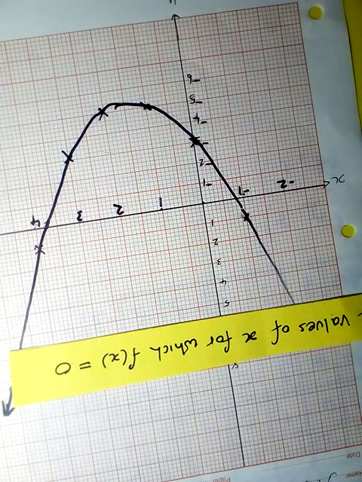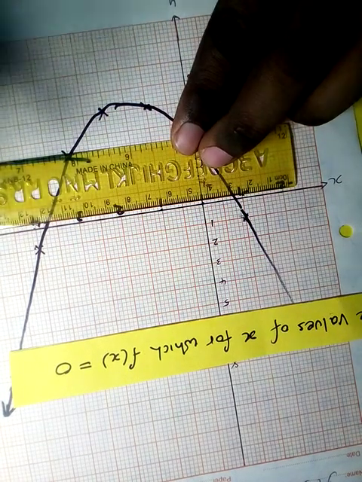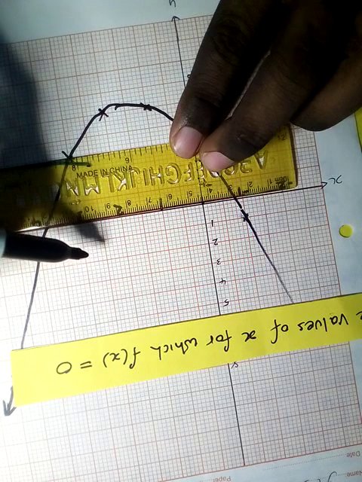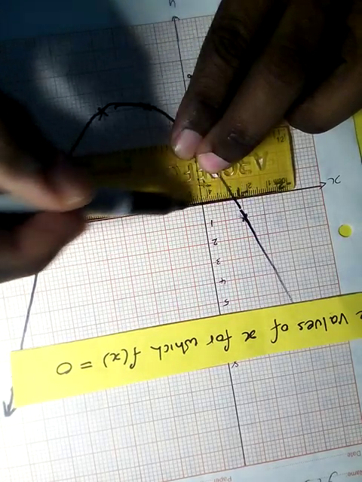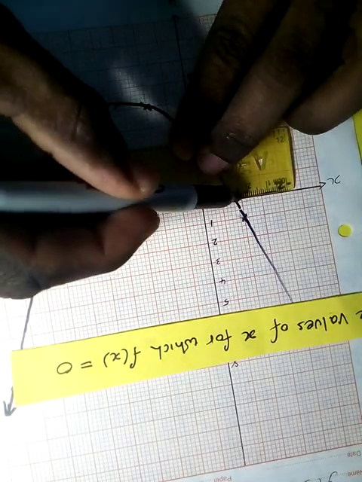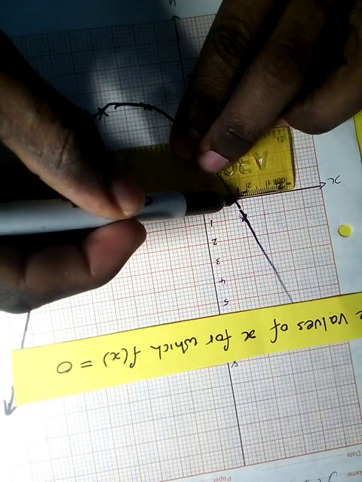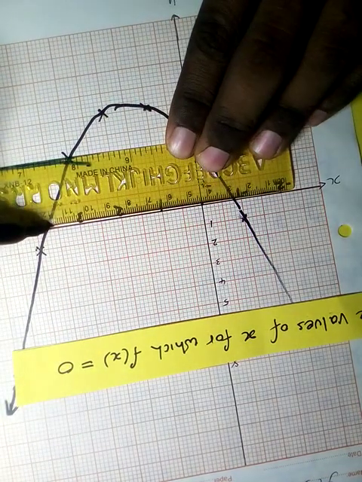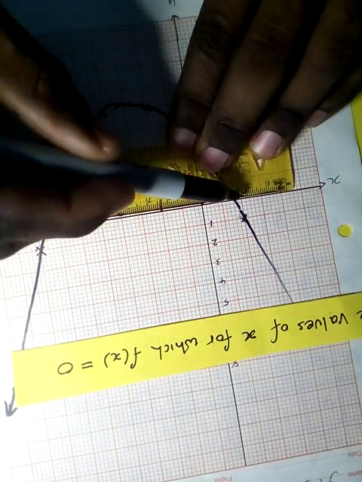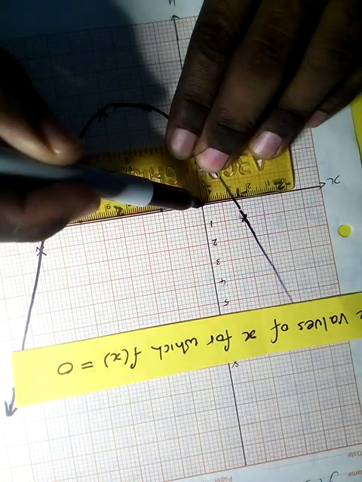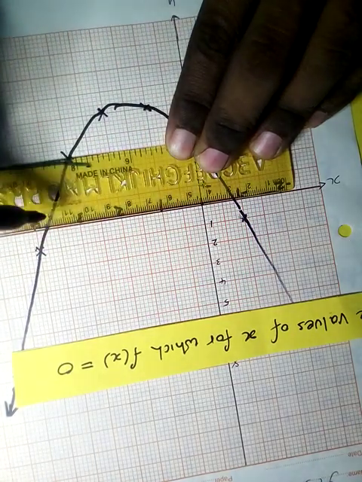So simple, use a paper or use a ruler. Where y is 0, if you draw a line to touch the graph, the line will touch the graph here, and it will touch the graph here. So wherever you touch the graph here and here, when f of x, y is 0, those are the solutions.